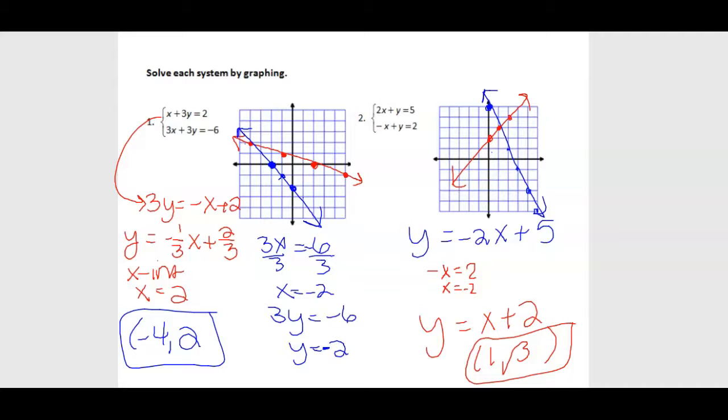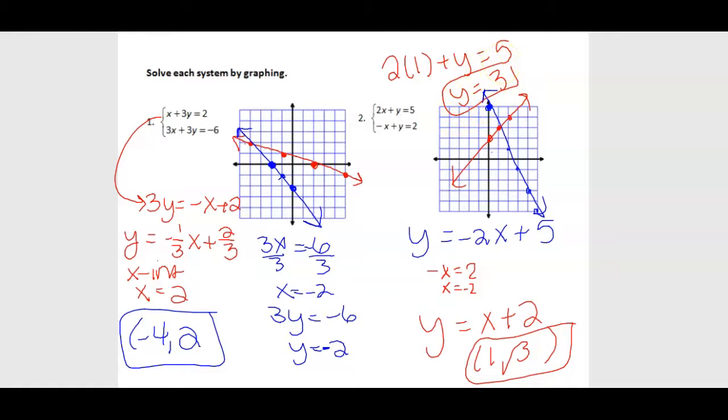How could I check that the point I get is correct? What could you do? Plug it back into both equations. Yeah, so if I plug it back in, both equations should equal 3 for y. So you could plug in 1 for x. So 2 times 1 plus y equals 5. Subtract 2 from both sides. You get y equals 3.